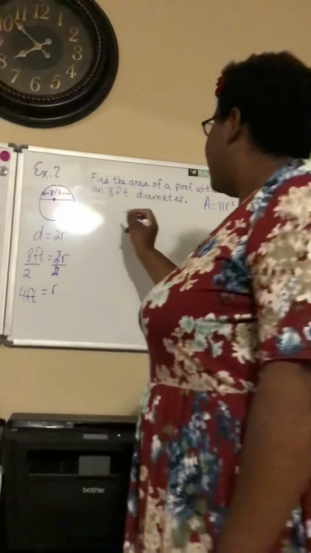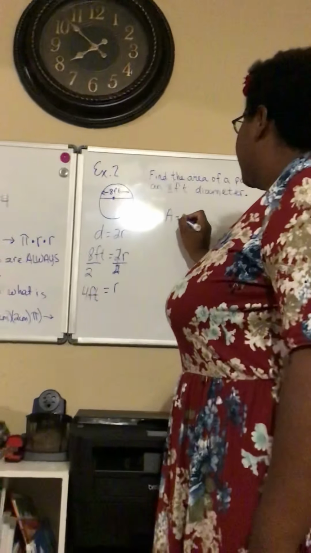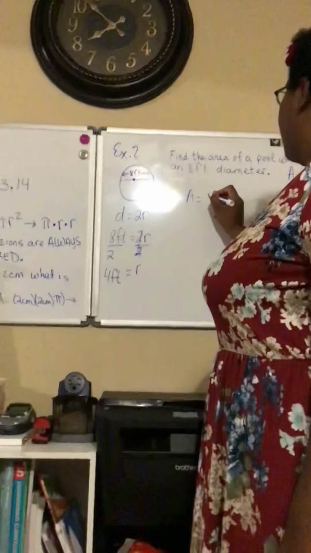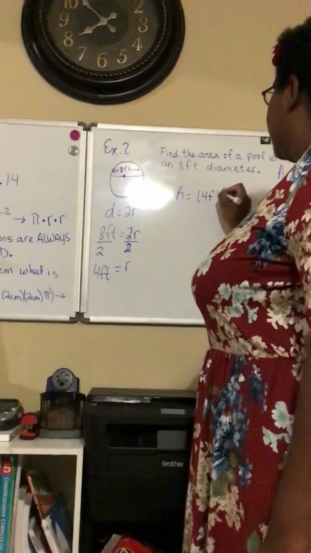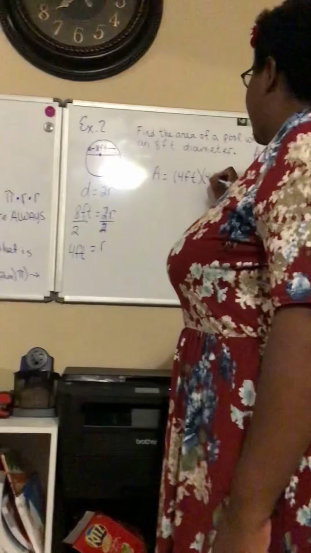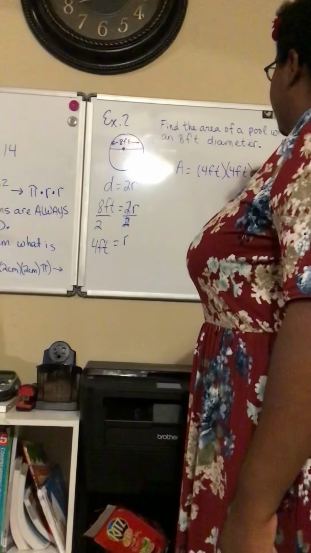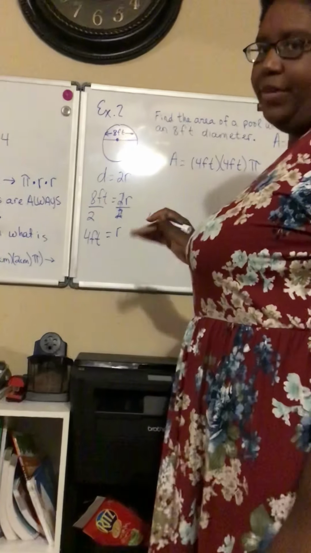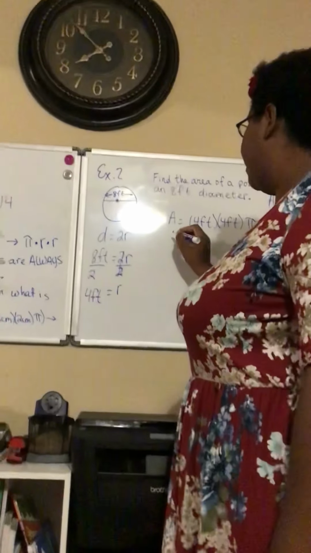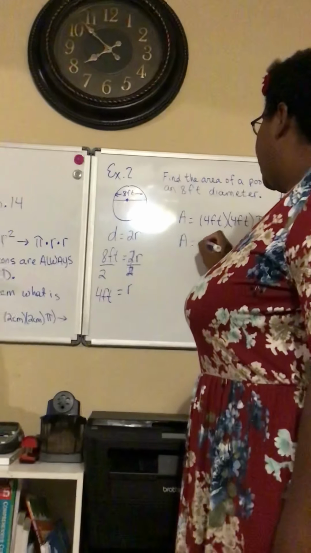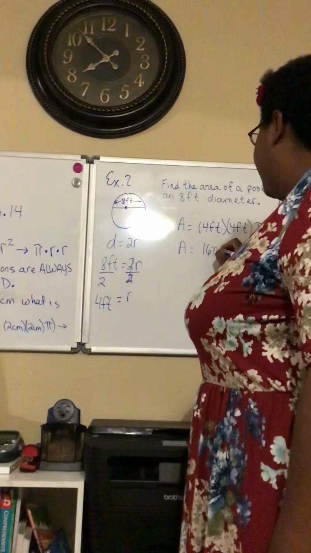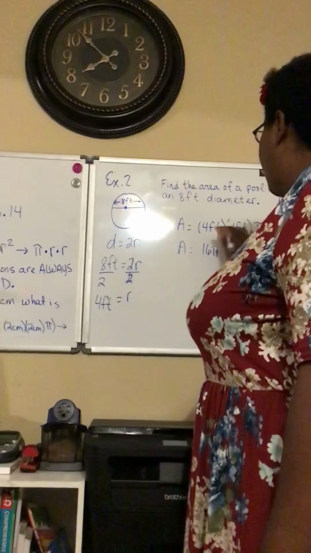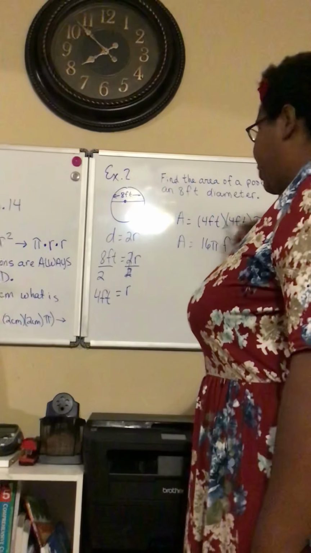Okay? So we say area is equal to 4 feet times 4 feet times pi. And remember, at this level of math, modern math lets us keep pi in symbol form. So area is equal to 16 pi feet, and we multiply feet times feet, so it is squared.